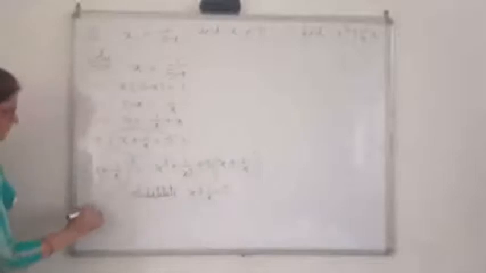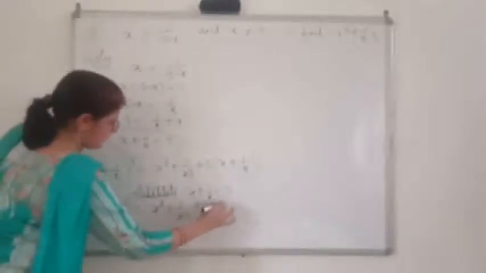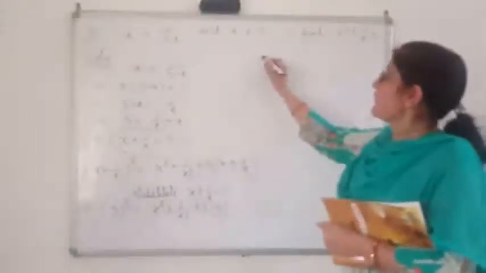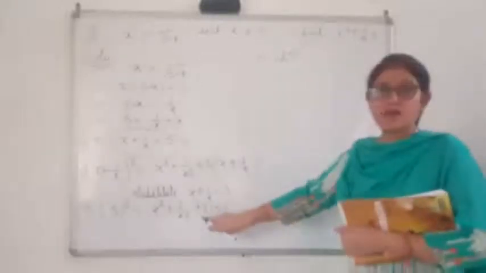So what will we get? Cube of 5 is equal to x cube plus 1 over x cube plus 3 into 5. Cube of 5 means we multiplied 5 how many times? 3 times. So we get 125. 3 5s are 15.